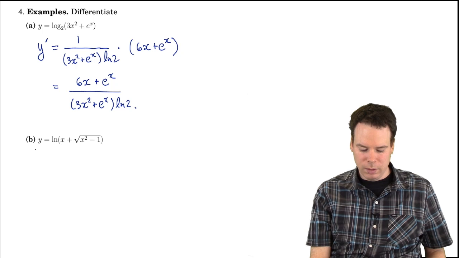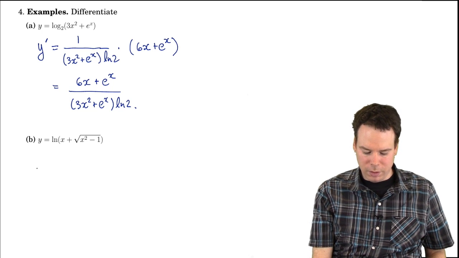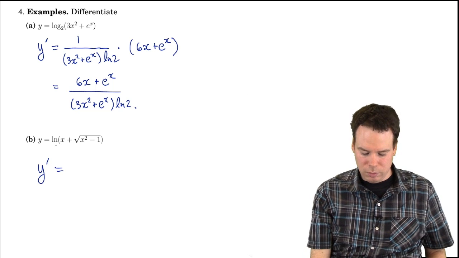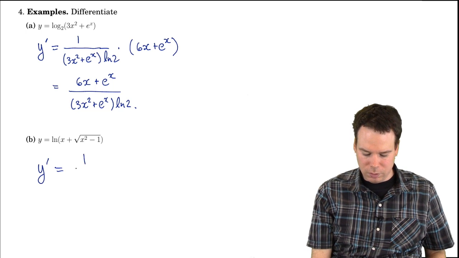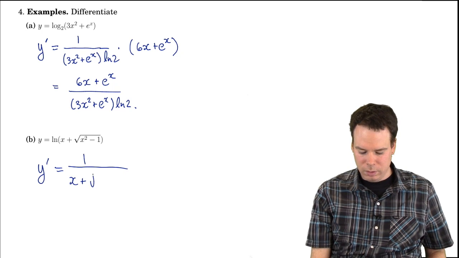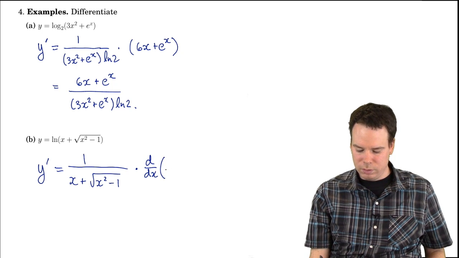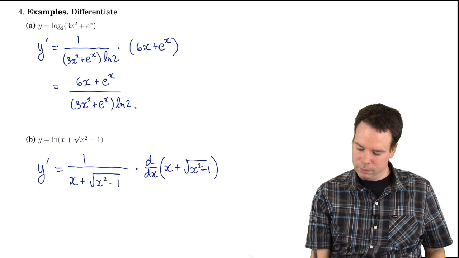How about this next one? The derivative of the natural log of x plus the square root of x squared minus 1. Well, again, we're going to use the chain rule. It's the derivative of the outside function. The natural log has a derivative of 1 over what was inside, times the derivative of the inside function. So this is the chain rule again. 1 over x plus the square root of x squared minus 1.